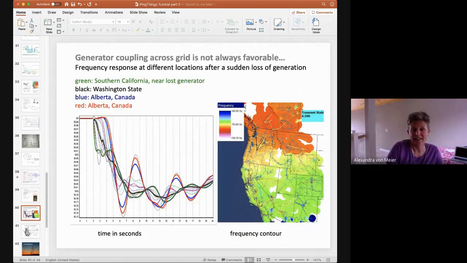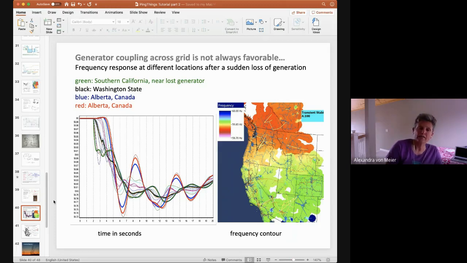And the damped harmonic oscillation is basically the same type of deal. You would see a similar shape if you looked at the voltage phase angle in Alberta. Now, what's a little bit different is that the frequency you could measure locally without having to use the same clock.